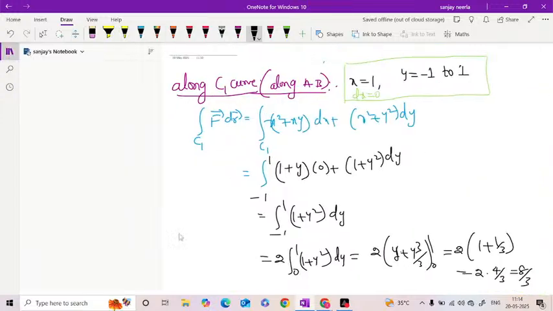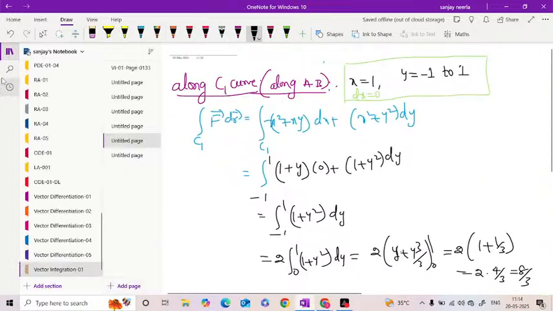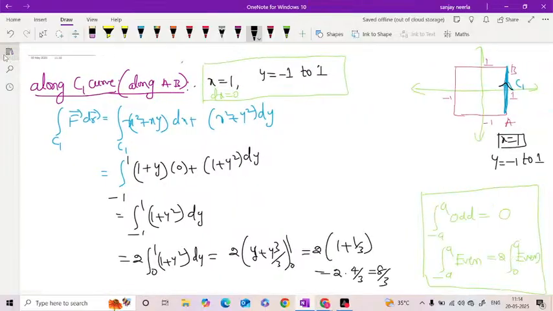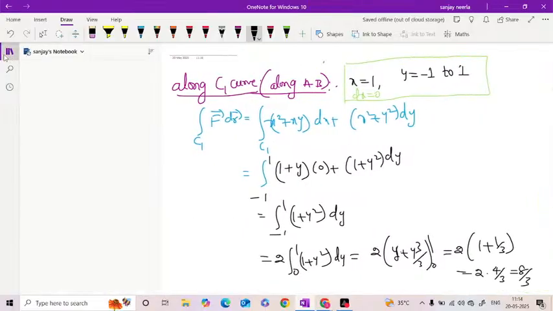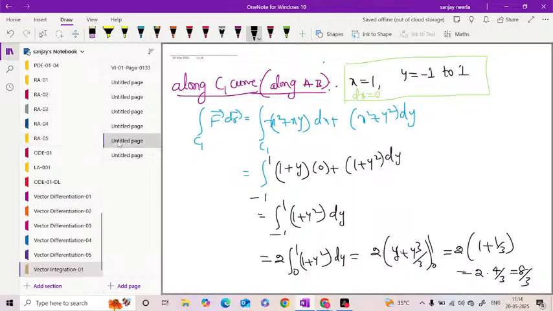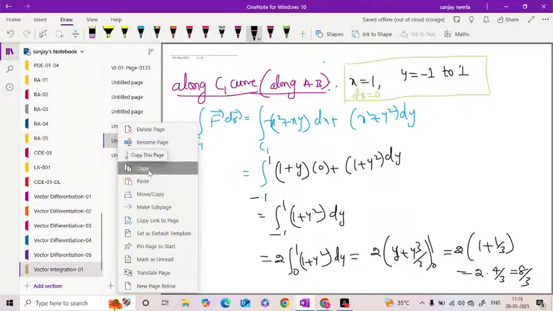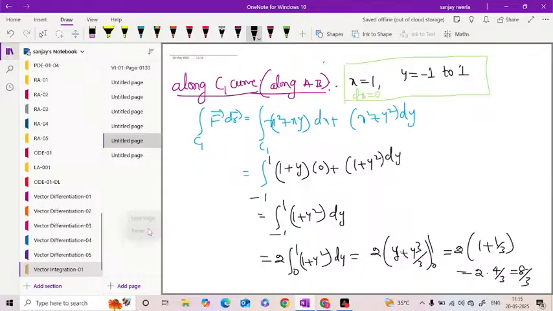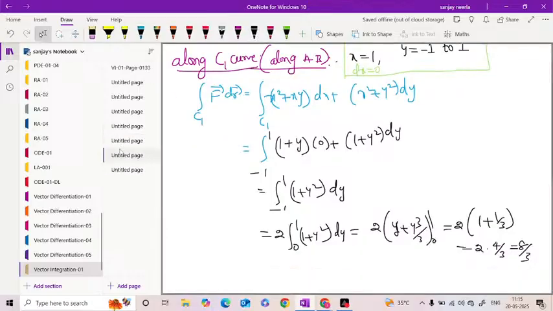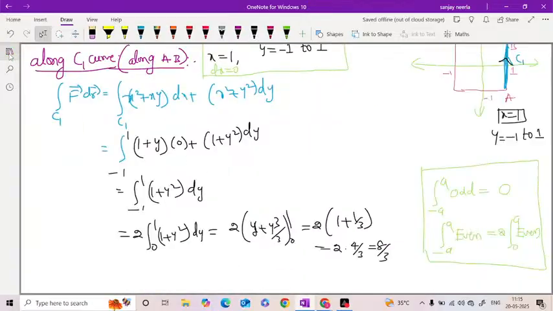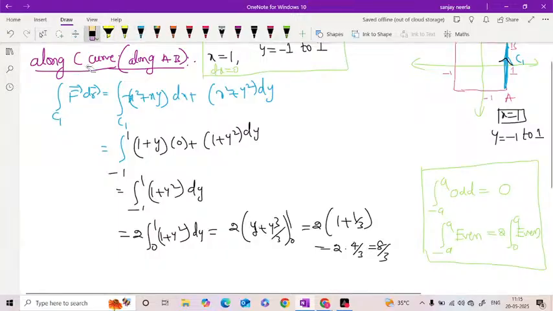Okay, now come to the next path. Now the second path. What is the second path? C2. So the C2 path is from B to C. Now come to the diagram.